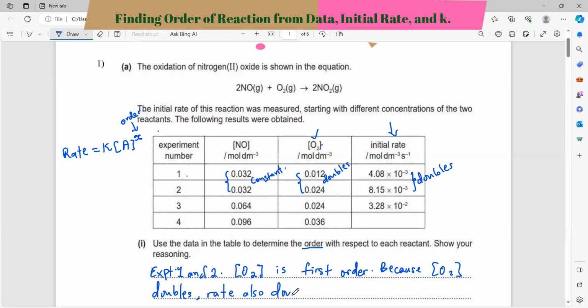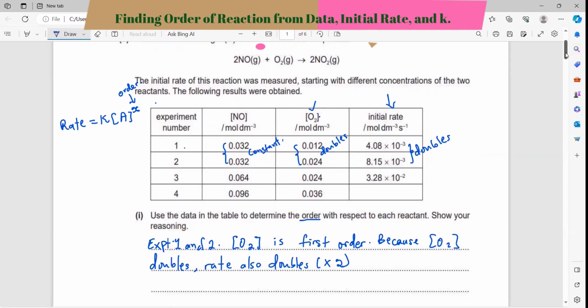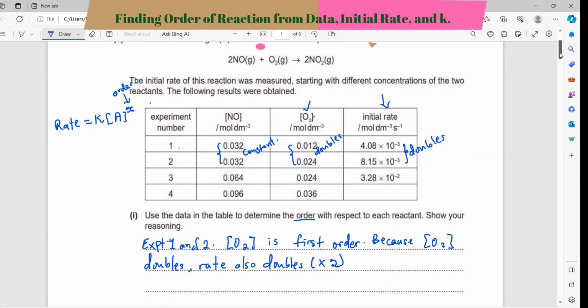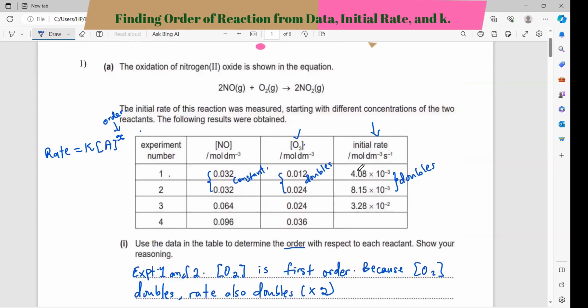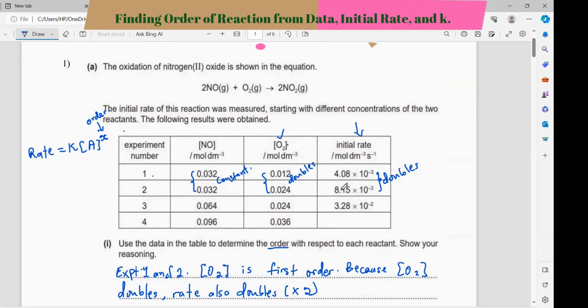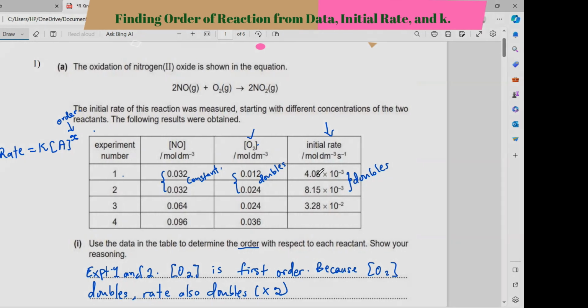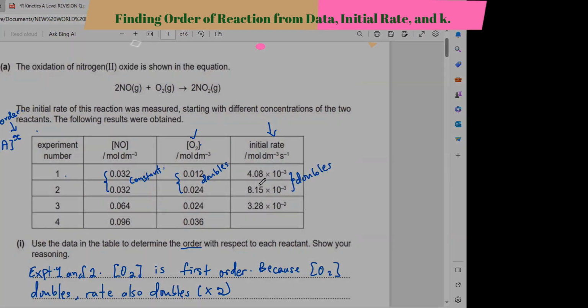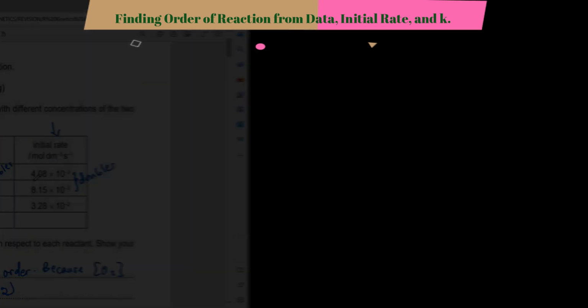So you can say times 2. The value multiplies by 2, okay? So you can check that out. Check it out, and you find 8.15 divided by 4.08 gives you approximately 2.